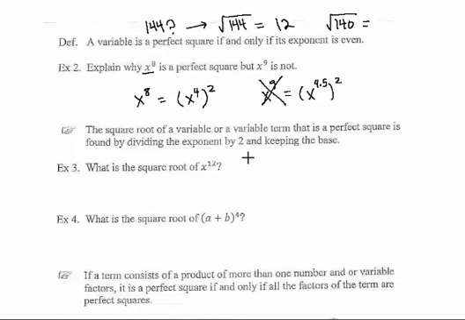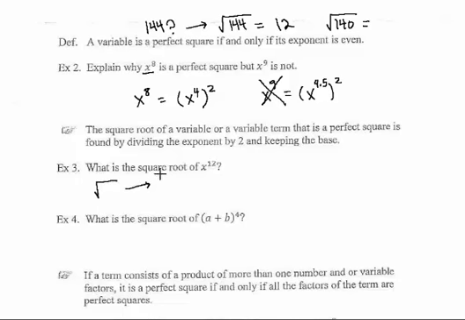So real quick, example 3, whenever you're asked for the square root of a particular number or a variable term, the symbol is this, it's called a radical.